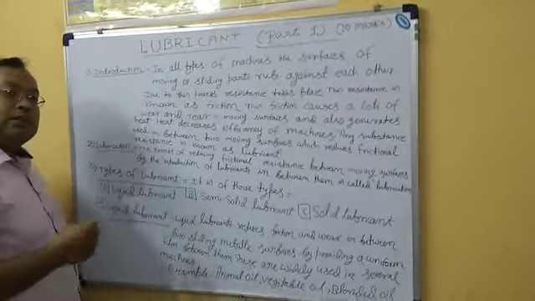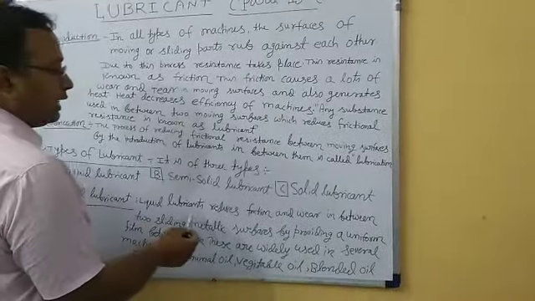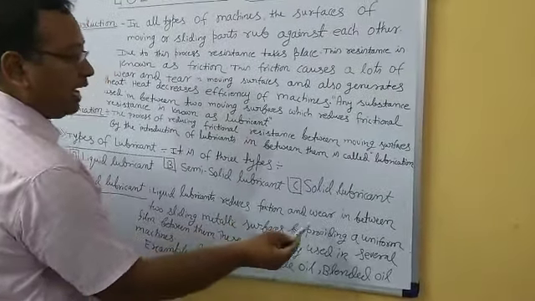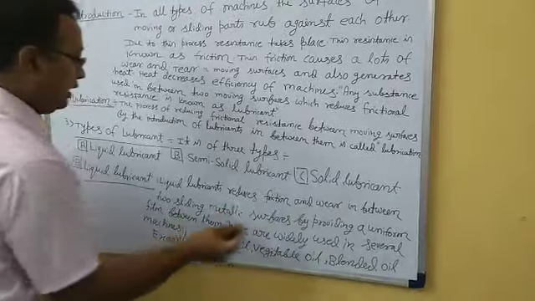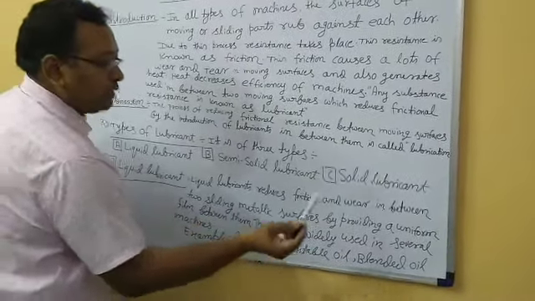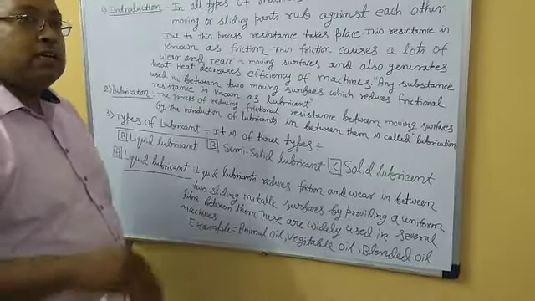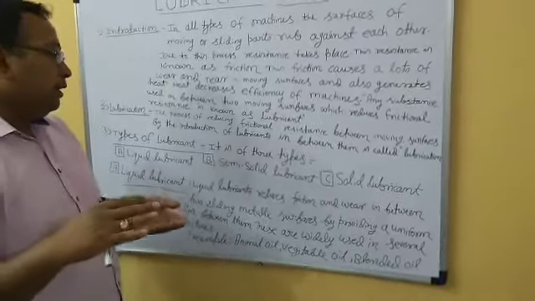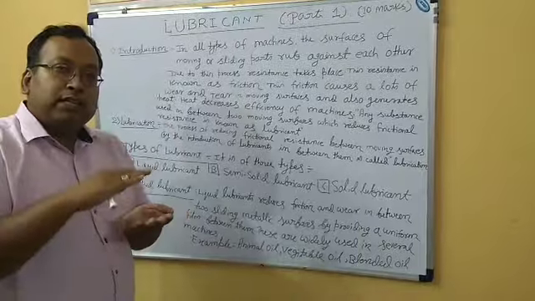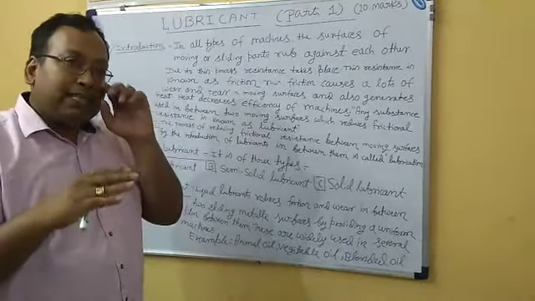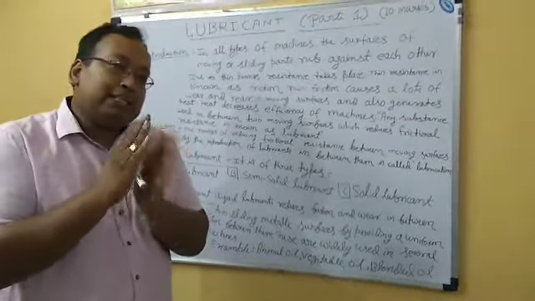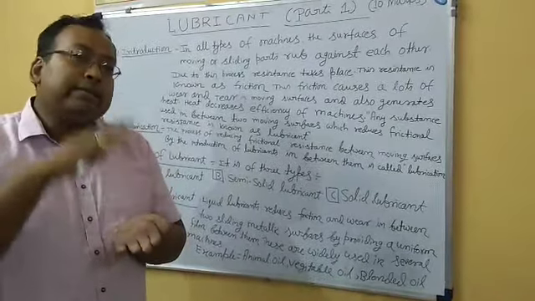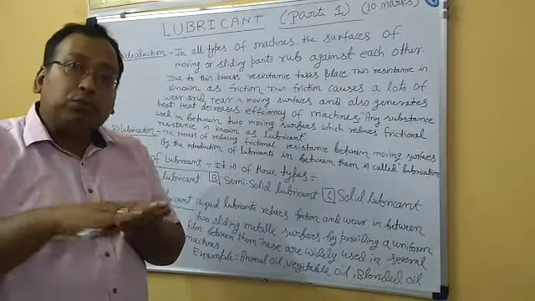What is a liquid lubricant? Liquid lubricants reduce friction and wear between two sliding metallic surfaces by providing a uniform film between them. What is the uniform film? The meaning is that no two metallic surfaces are 100% smooth.